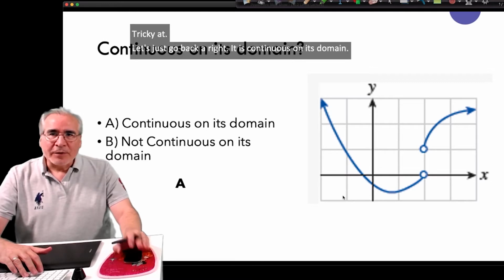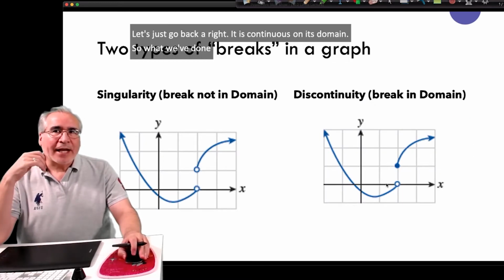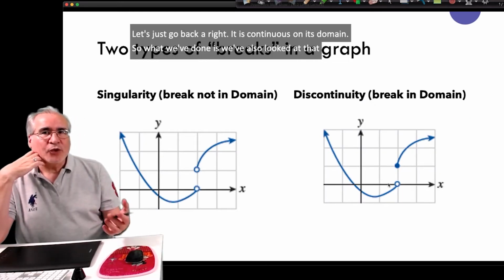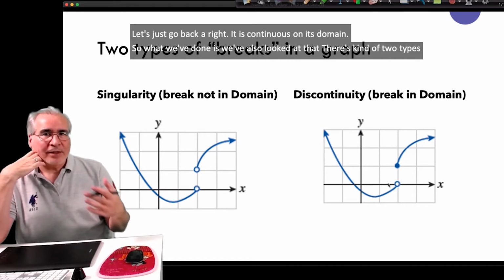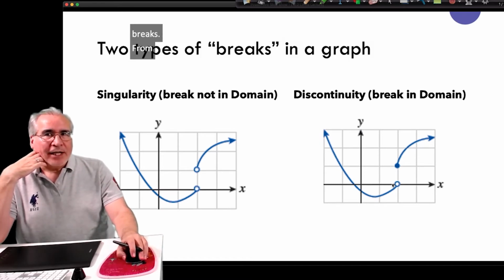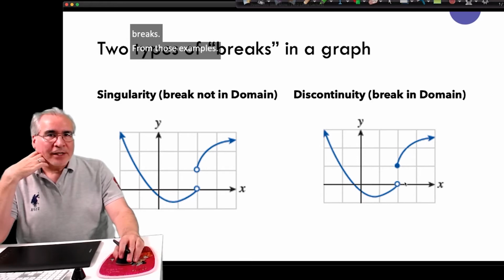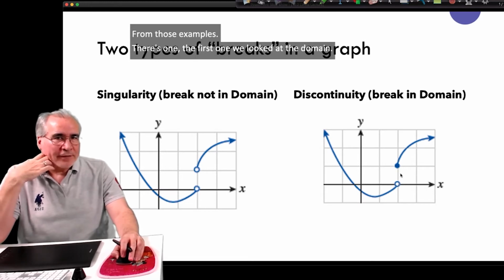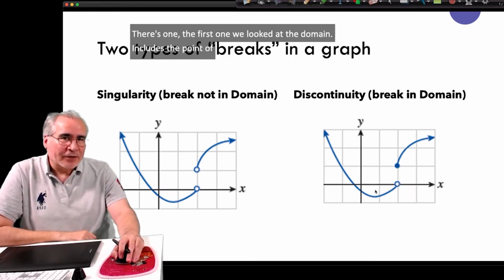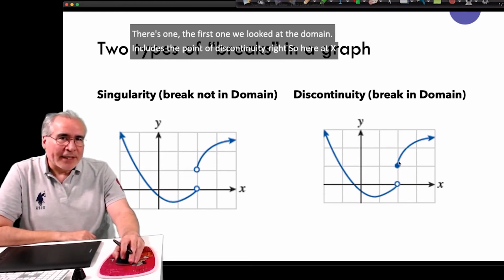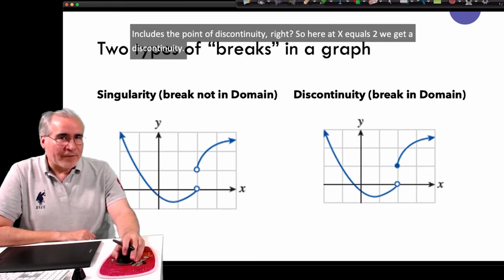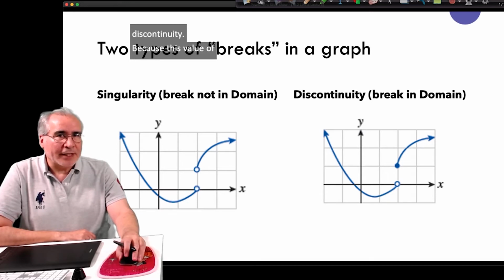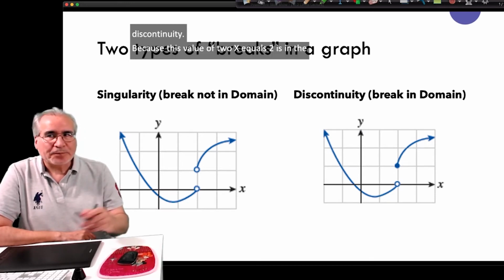So what we've done is we've also looked at that there's kind of 2 types of breaks from those examples. There's one, the first one we looked at, where the domain includes the point of discontinuity, right? So here at x equals 2, we get a discontinuity because this value, x equals 2, is in the domain.